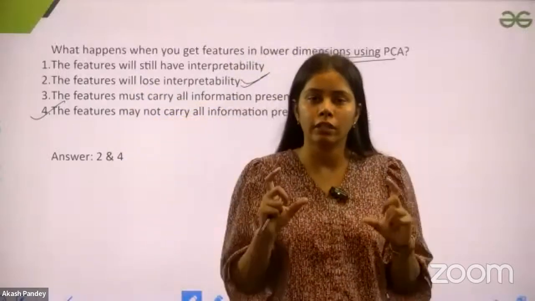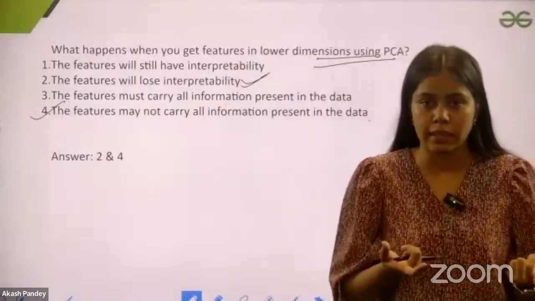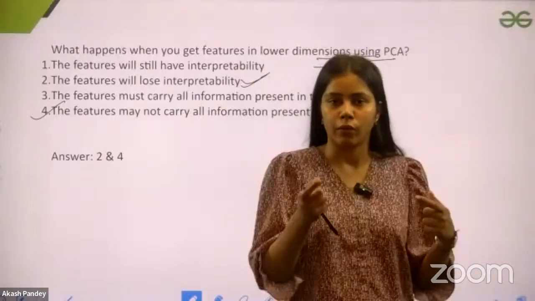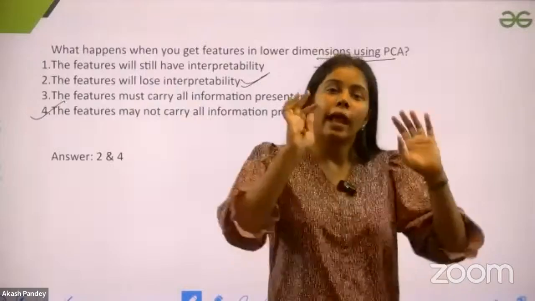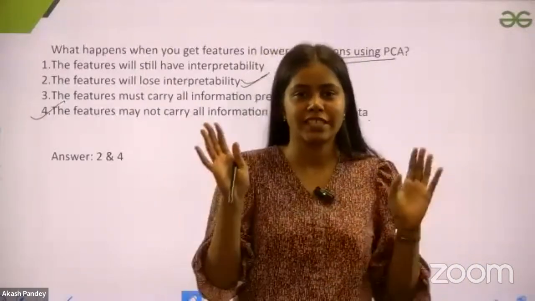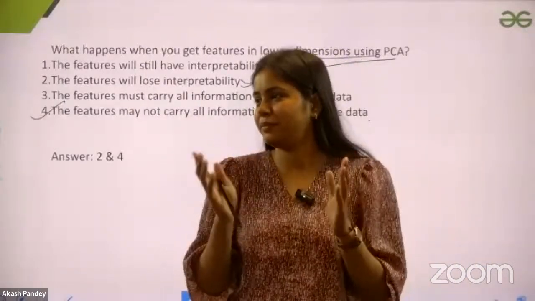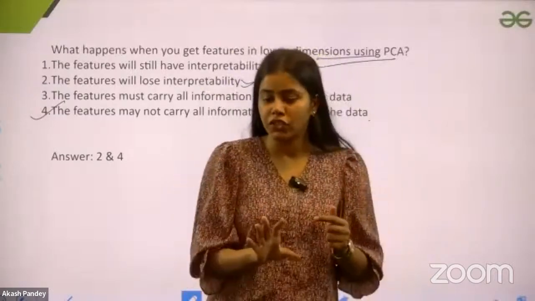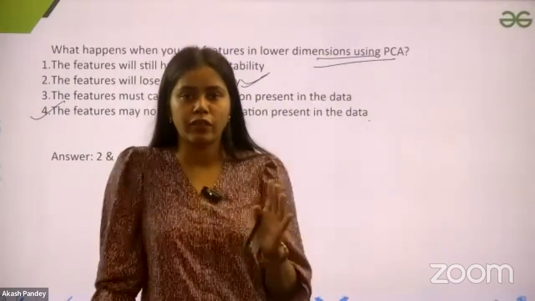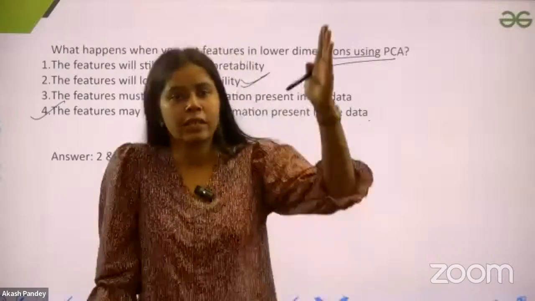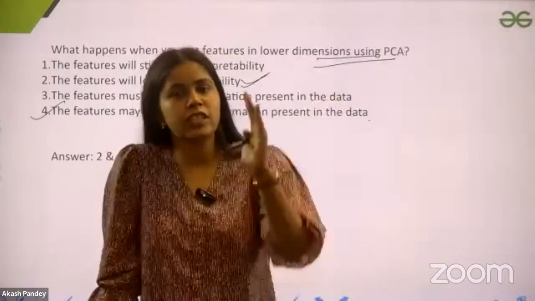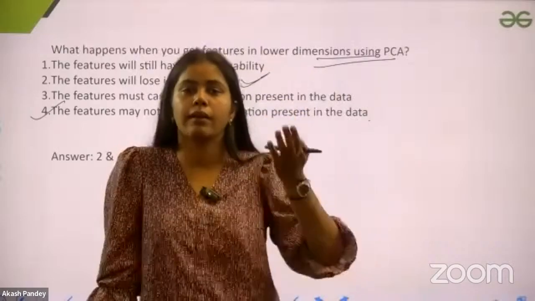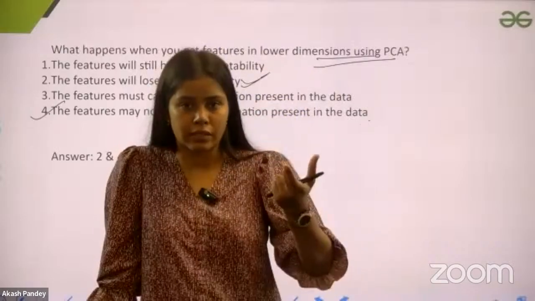Interpretability is what this feature means to us, right? Let's suppose we are predicting the price of a house. When I have n number of features, I can say this particular feature is telling me this, the second feature is telling me this, the third feature is telling me this. So I have interpretations, right?